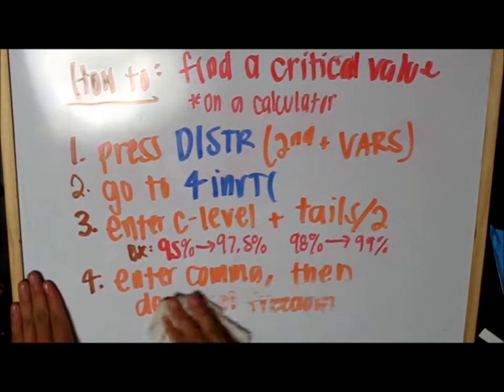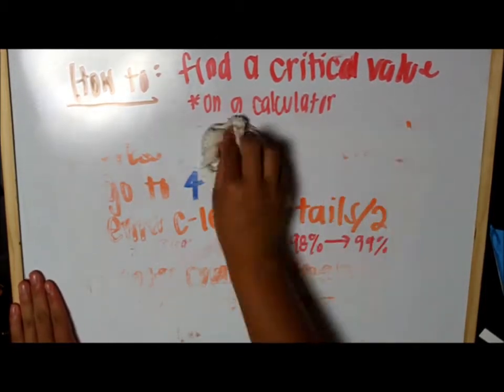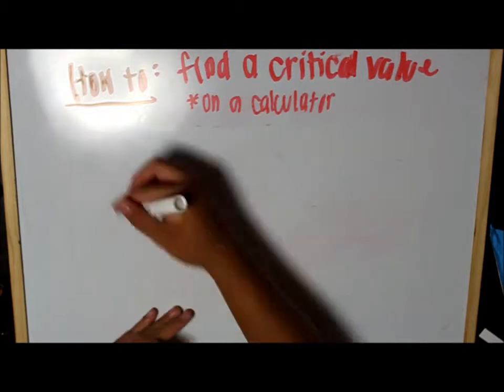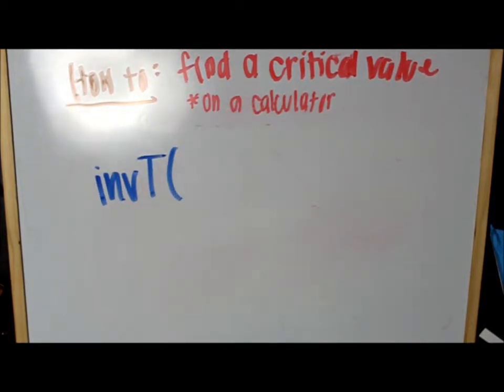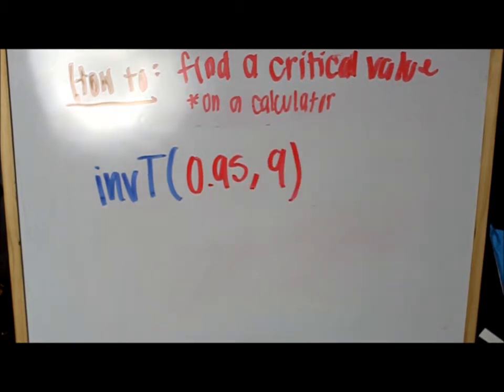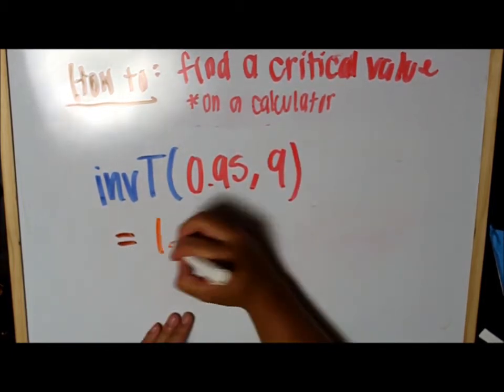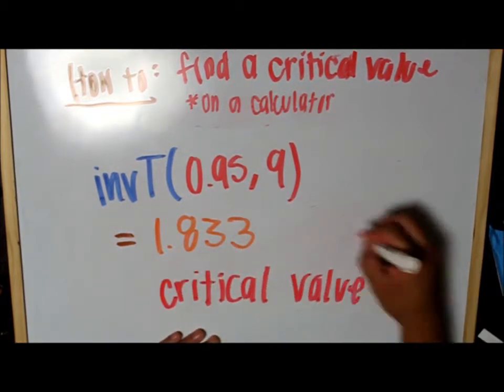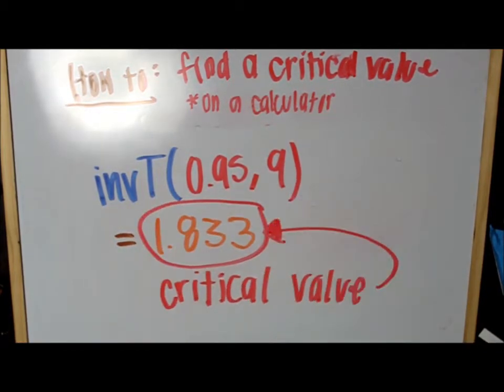So for example, if you wanted to find the critical value for a problem that involved needing a 90% confidence interval and it had a sample size of 10, you would do inv-t 0.95 comma 9, close the parentheses, and then you would press enter, and then you would get a critical value of 1.833.